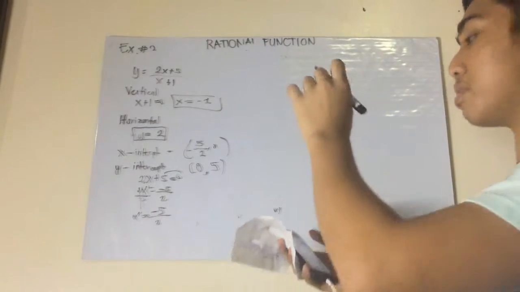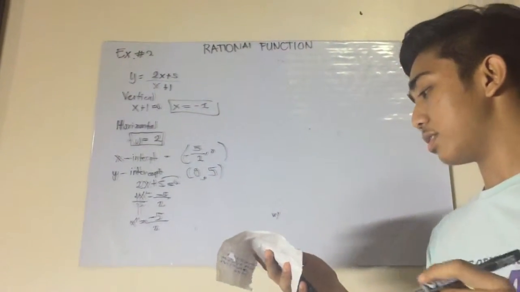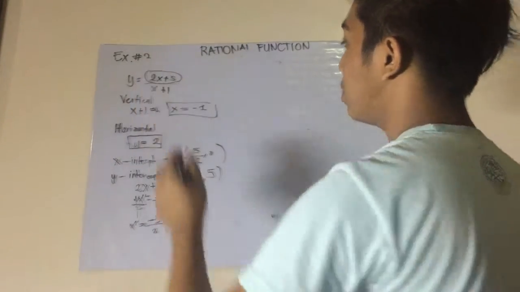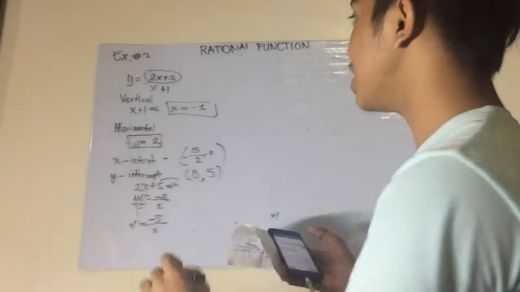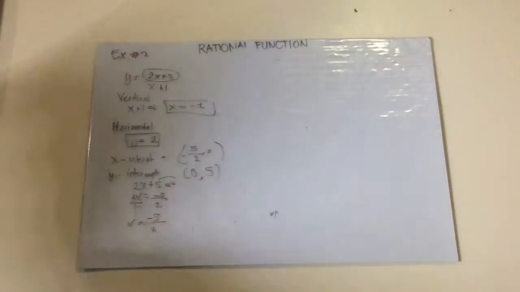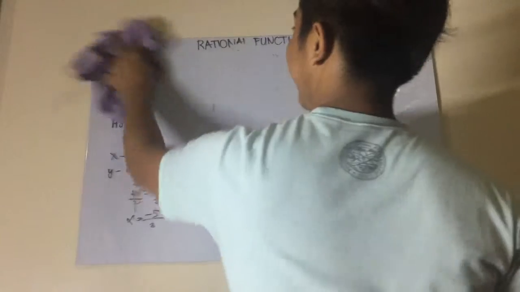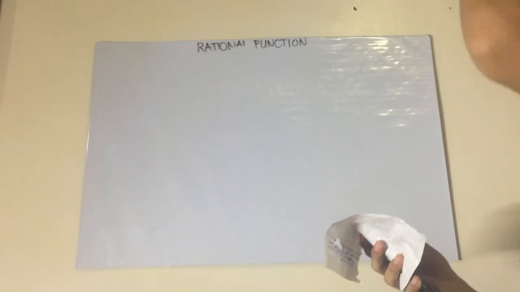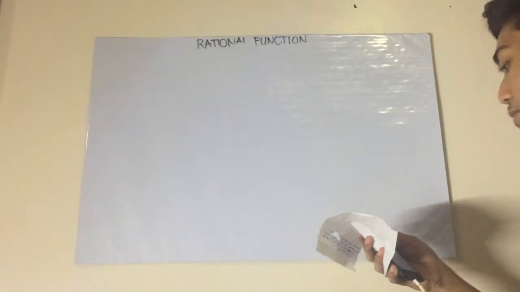So, para makuha yung roots naman na to, ang gagawin lang natin is the value of the numerator or parang x-intercept na din na magiging yon. So, igagraph na natin siya. So, pag i-graph natin siya, mag-a-assume tayo ng values.